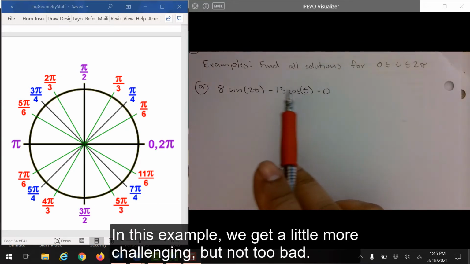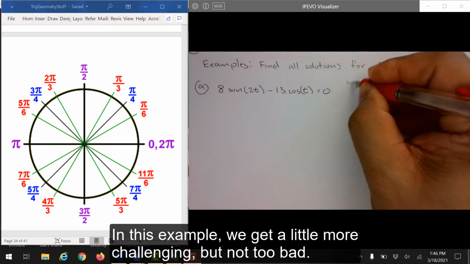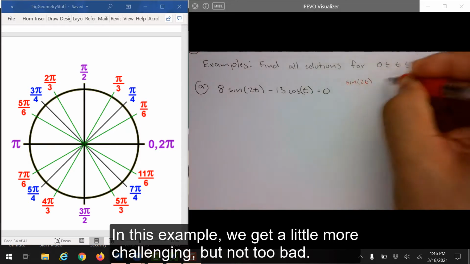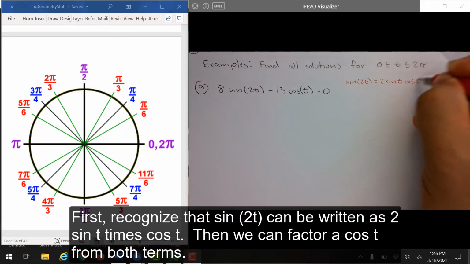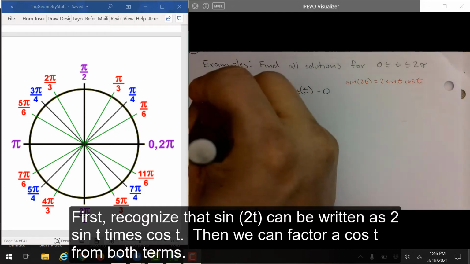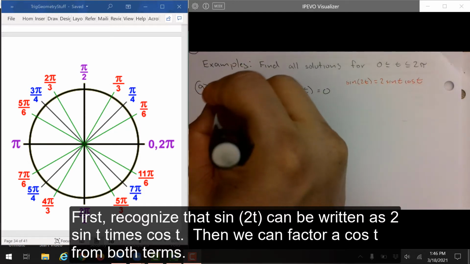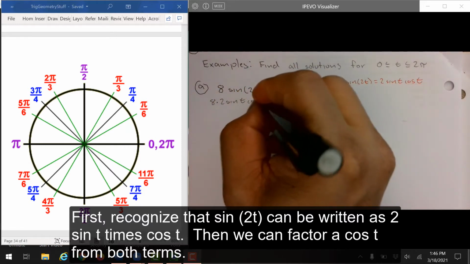In this example, we get a little more challenging, but not too bad. First, recognize that sine 2t can be written as 2 sine t times cosine t. Then we can factor a cosine t from both of them.